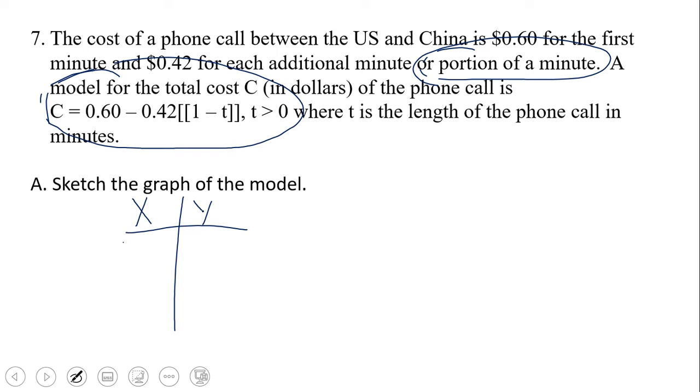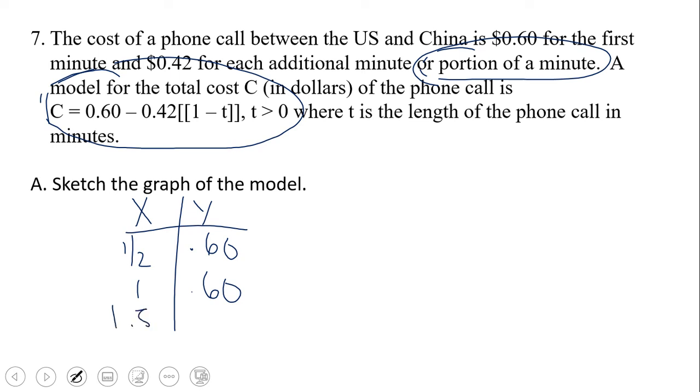Let's say that you're only on a call for half a minute. If you plug a half in for t, 1 minus a half is a half, and the greatest integer of that goes down to 0. 0 times 0.42, so you're only paying 60 cents if you're on for 30 seconds. Let's say you're on for the full minute. If you plug a minute into that equation, you're still just paying 60 cents.